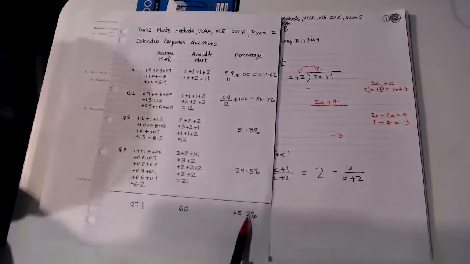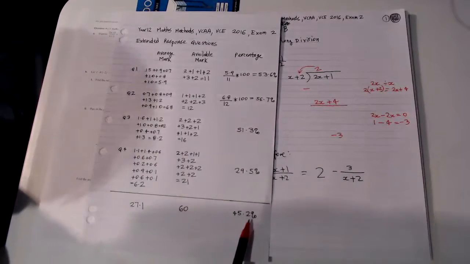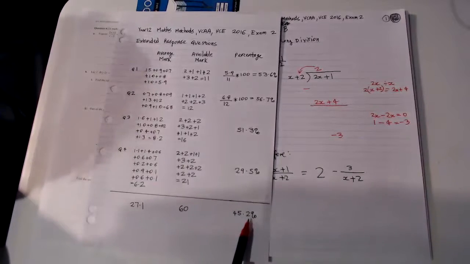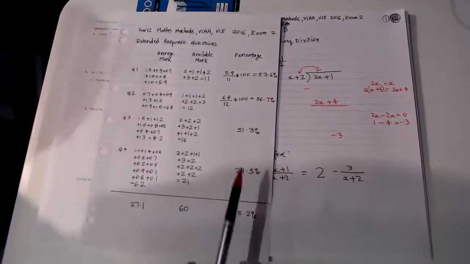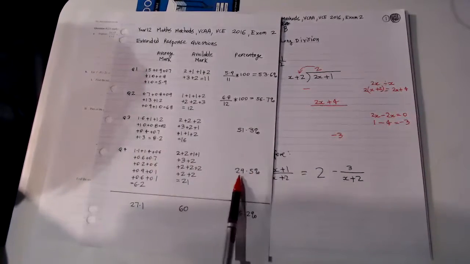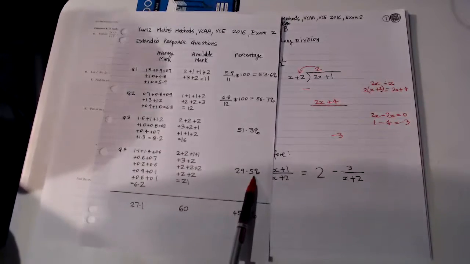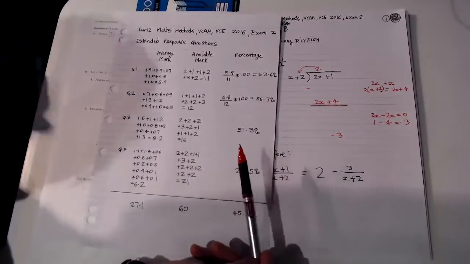But normally in the extended response section, year after year, the average mark tends to be anywhere from 40% to about 55%. So if we assume that the most difficult extended response question was the question with the lowest average mark, then it would be question 4 with 29.5%, which was close to half of the average mark for the other 3 questions.